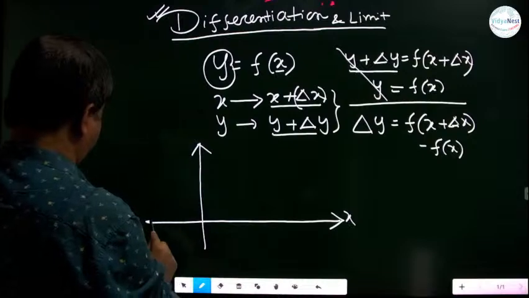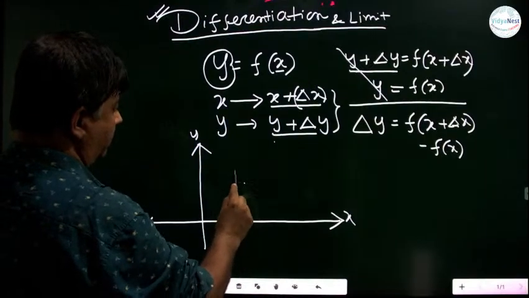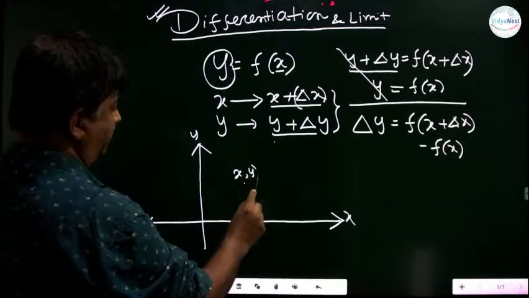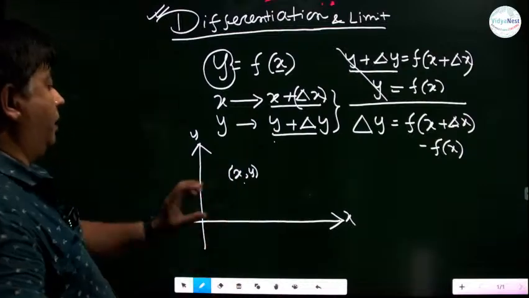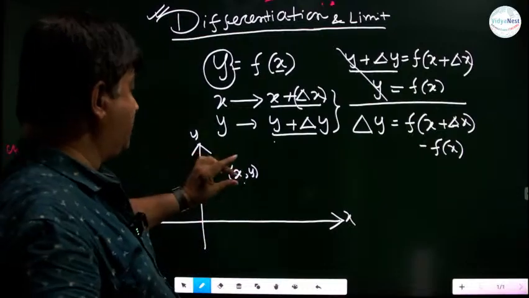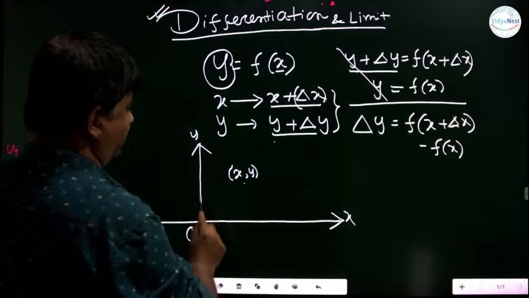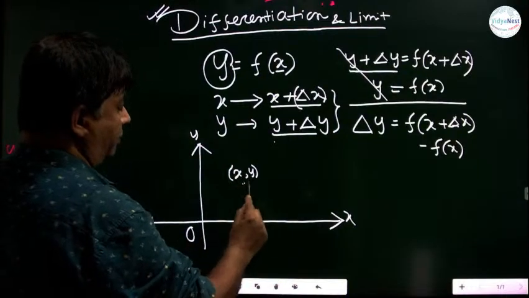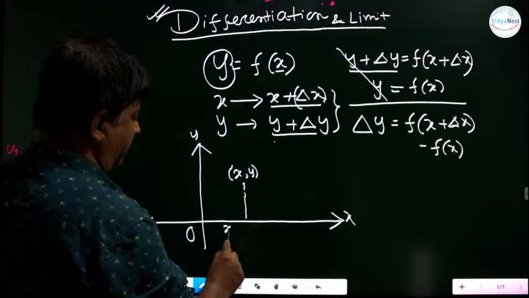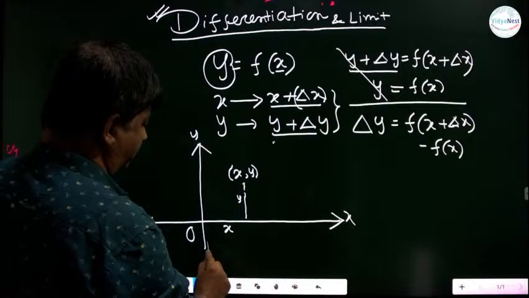X, Y. Suppose the income and expenditure at this position, means this status with respect to this society, X and Y. Now, this is X, this is Y. Now, income is increased.